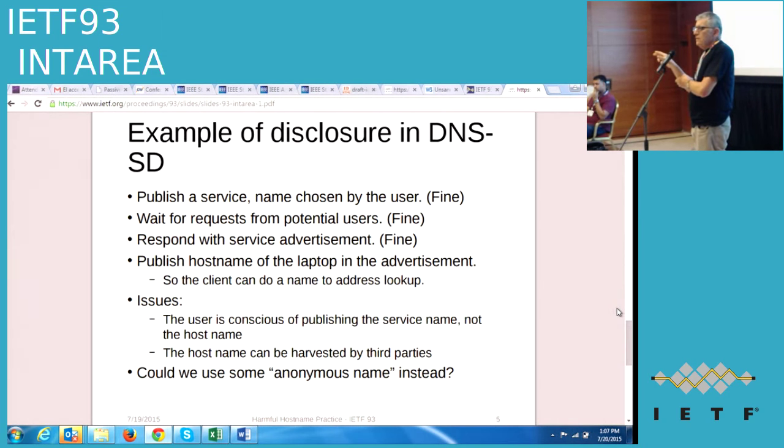And the reason we do that is because in order to connect back, you will get the service record, you will get the host name of the host offering the service, and then you will do an address resolution on that name. But because of that, you have hidden in the transaction, you have published a name, and the user didn't know it was published. And now you have given the name of your computers on the network.